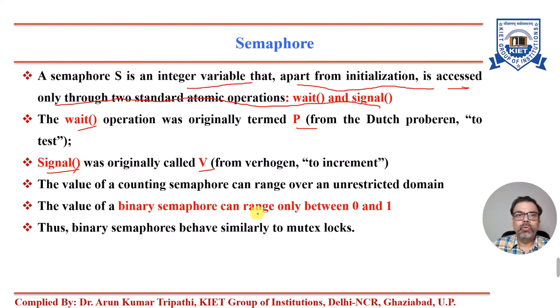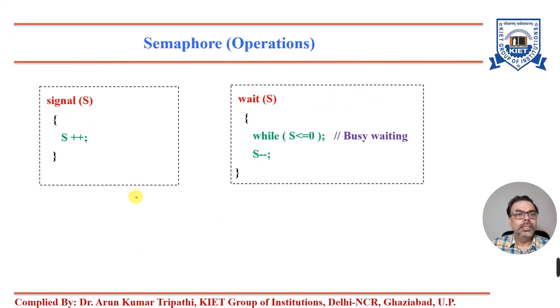So how will it work? Let us see. Firstly, it will check for the condition whether the value is less than or equal to 0 or not. Suppose that initially the value of semaphore S is equal to 1 and someone wants to acquire the lock, so it will set the value as 0.